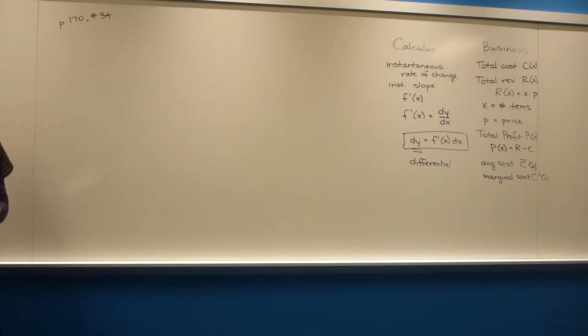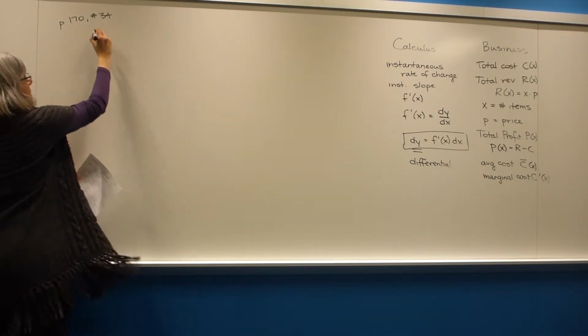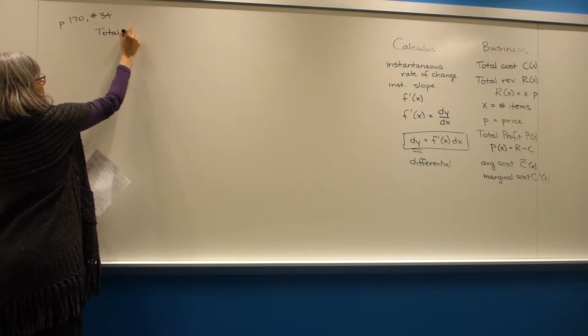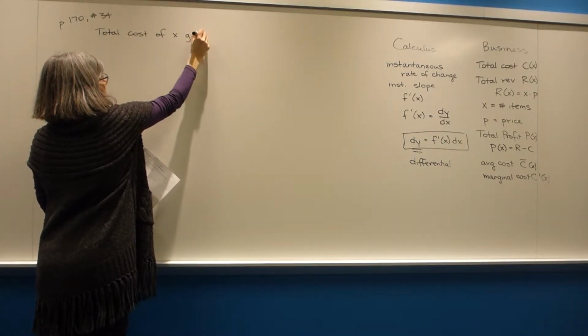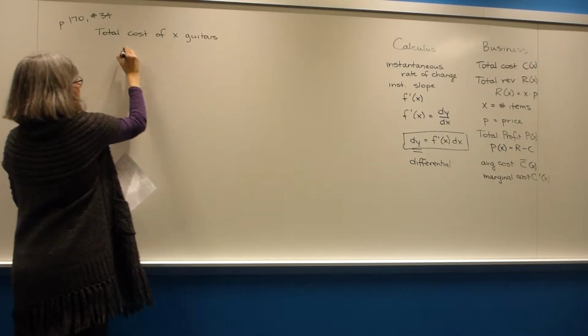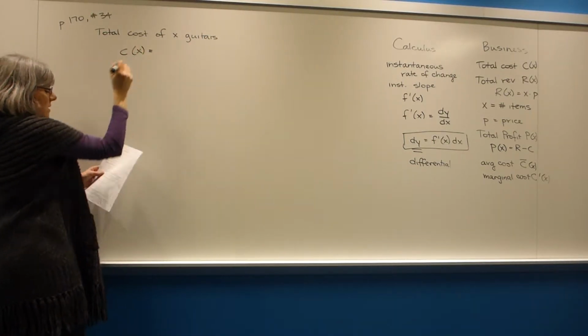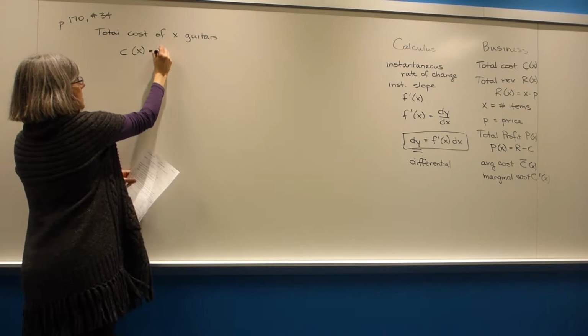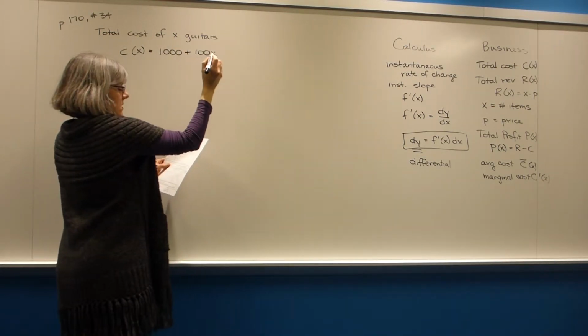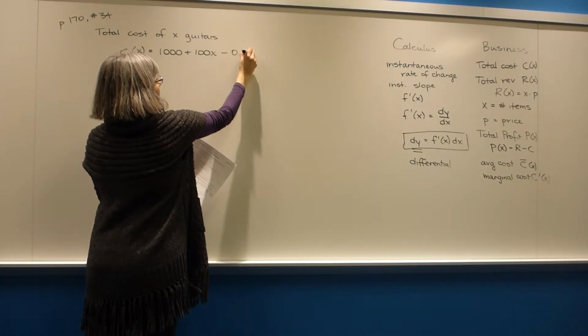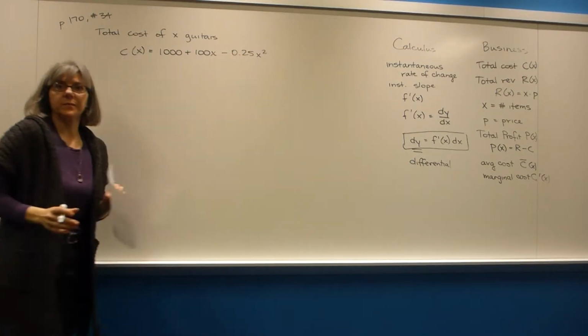The total cost in dollars of producing X number of guitars is given by, so total cost of X guitars is C of X equals 1,000 plus 100X minus 0.25 X squared.